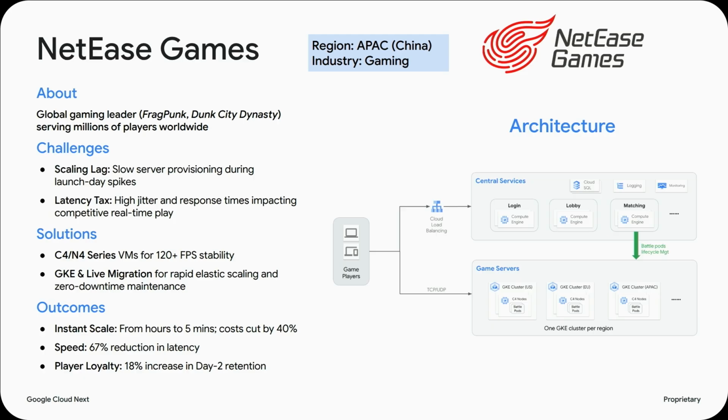So if you look at the diagram on the right, you'll see our typical game server architecture. We use it to deploy everything on standard virtual machines. But as our player base grows, we hit some roadblocks. The biggest issue was scaling lag.